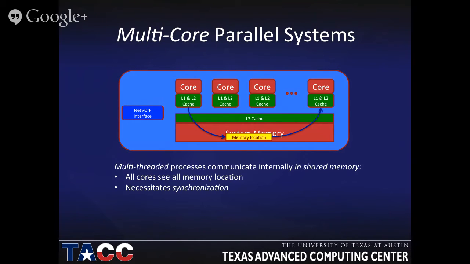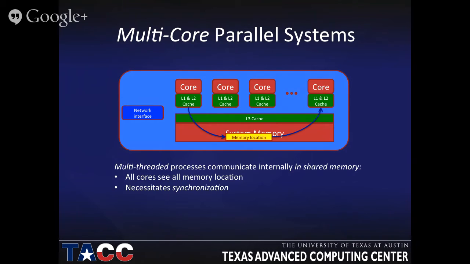Each one of these guys has got to be able to lock out everybody else from accessing that memory location. Then he writes it and then unlocks it so somebody else can grab it. And that's what we call synchronization, locking. There are a lot of terms for it, semaphores. And that actually is a reasonably expensive operation at a compute level.